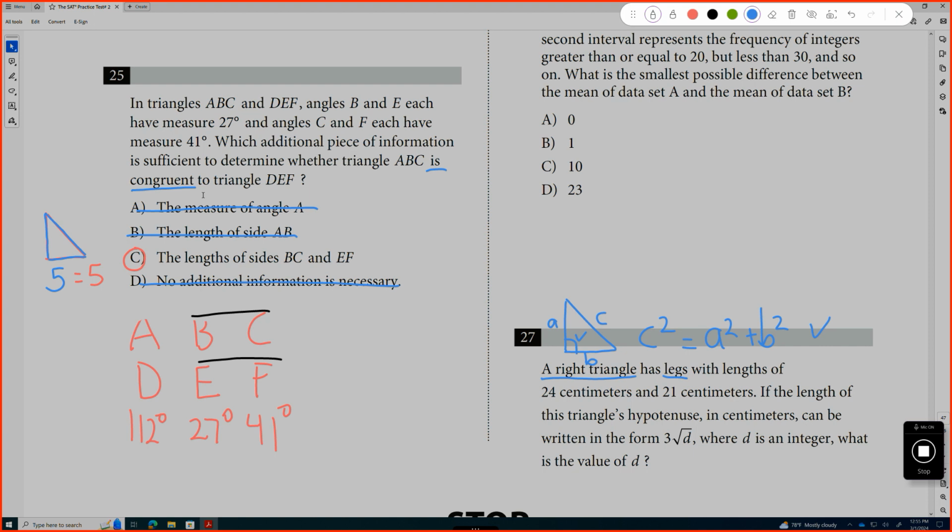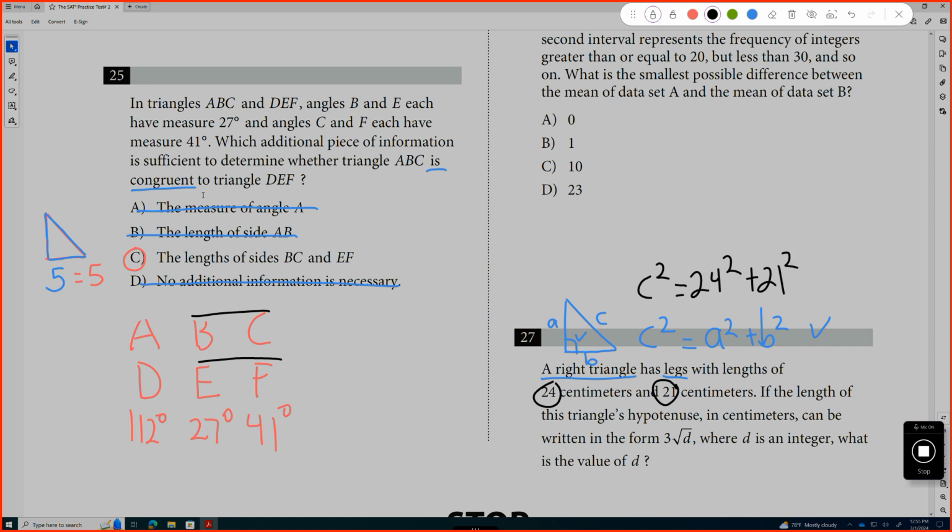So if we are using this Pythagorean theorem, and we are, we know that c squared is going to be equal to each leg squared and added. So we have 21 and 24. So 24 squared plus 21 squared.